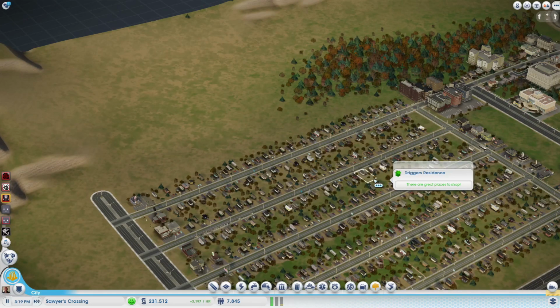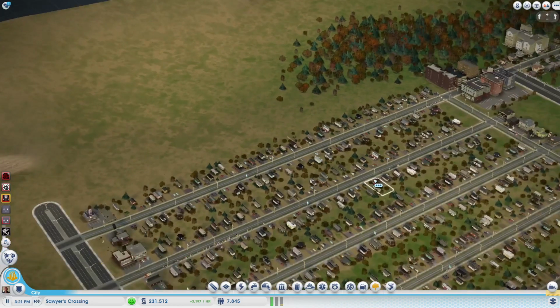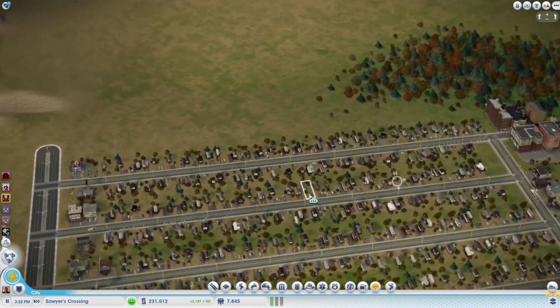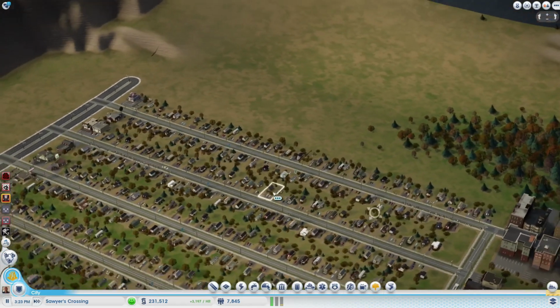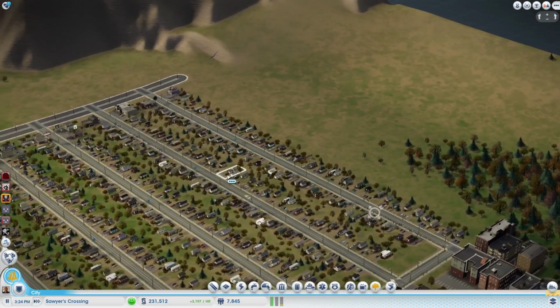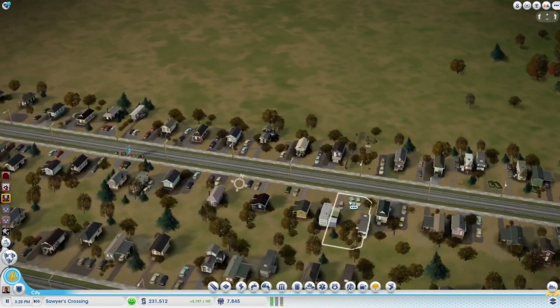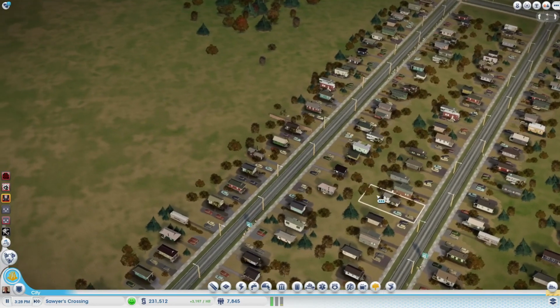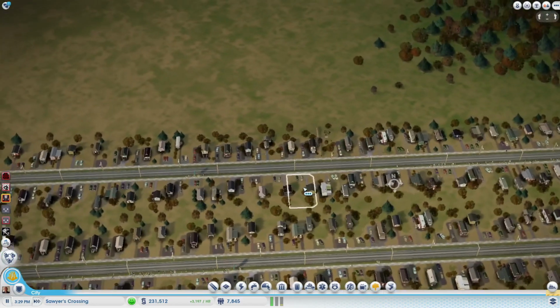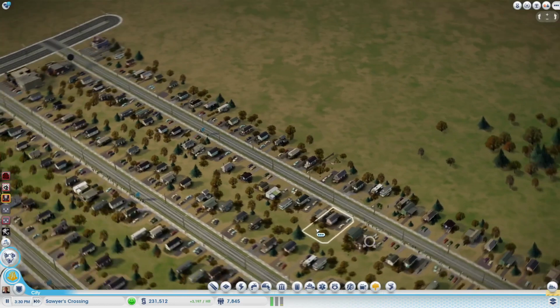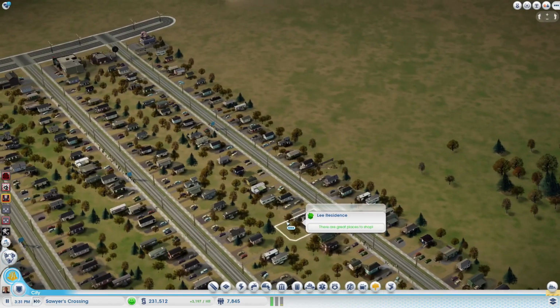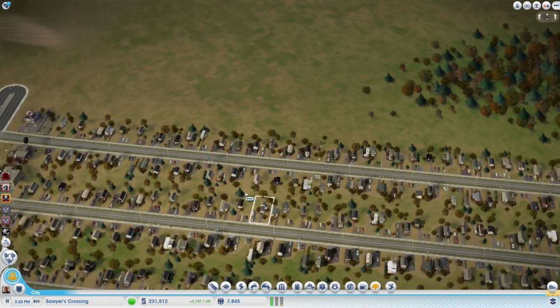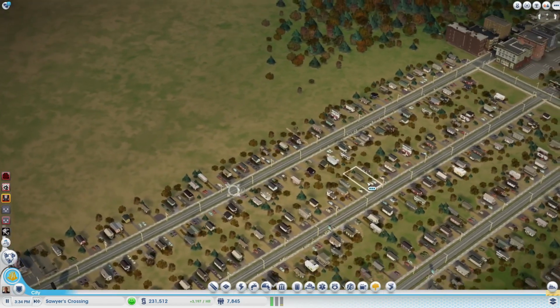And then from there, are their needs being met from a garbage collection standpoint, fire, health, police, education, transportation? If they are getting their needs met and they're happy, then a single family home, because of its happiness, can upgrade to a medium home. And a medium home likewise can upgrade to a high density.